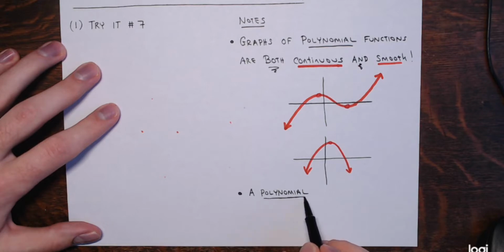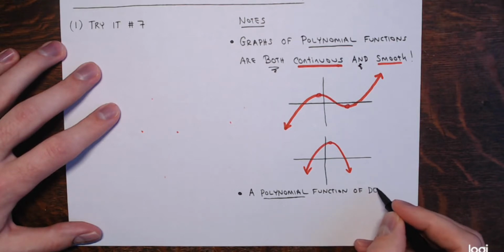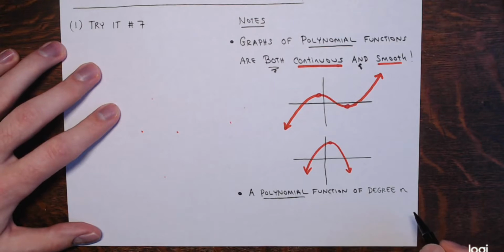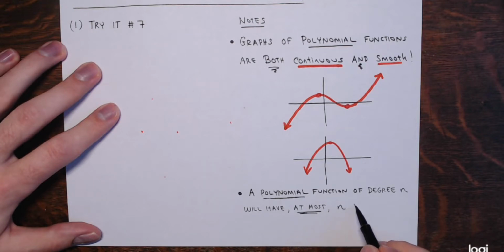So again, a polynomial function of degree n, so hopefully you recall how to state the degree of a polynomial, will have at most, okay, now at most means this many or fewer, will have at most n x-intercepts and at most n minus 1 turning points.